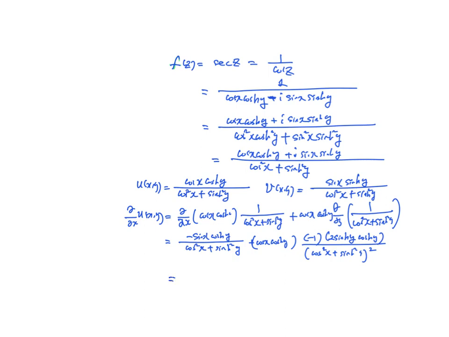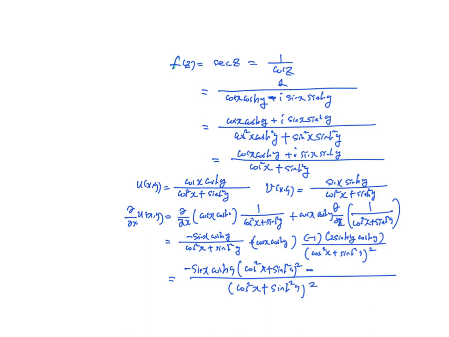Put together: minus sine x cosine hyperbolic y times cosine square x plus sine hyperbolic square y, squared, minus... oh, this is partial x.